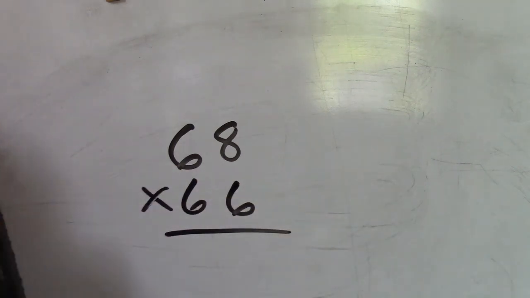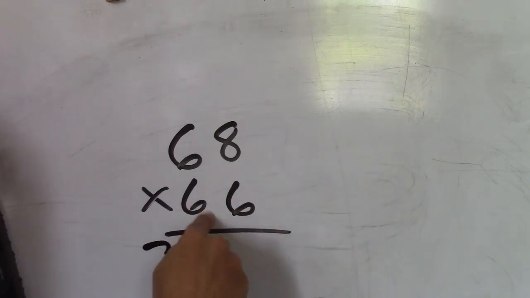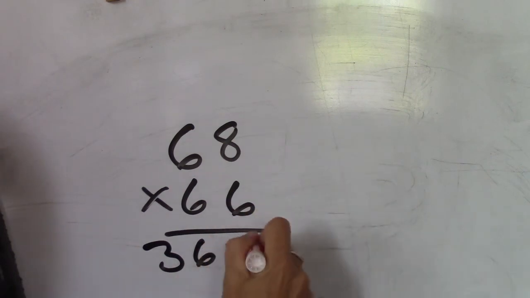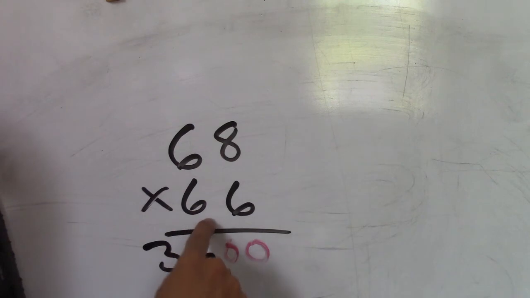That's a pretty fun number. 66. So 60 times 60 is 6 times 6, which is 3,600. There you go, right? 36, but these are tens, so it's 3,600. Then another 36 and 48.